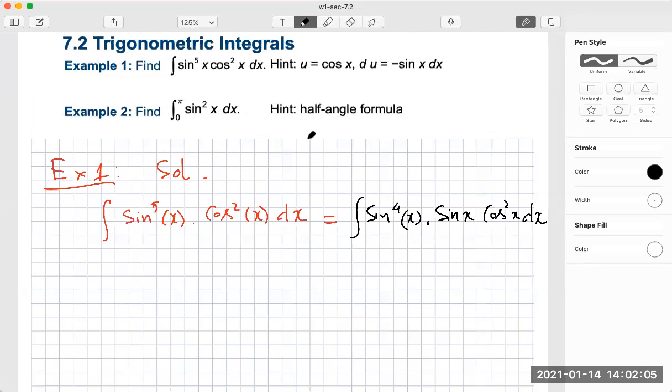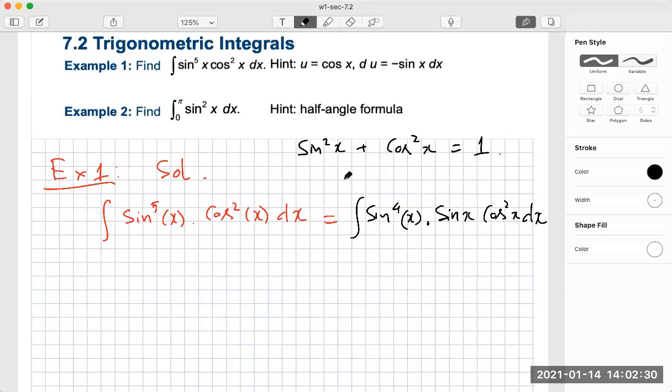Furthermore, remember we have the relation sine squared x plus cosine squared x equals 1, right? So it means that we can write sine squared in terms of cosine squared plus a number, or the other way around.